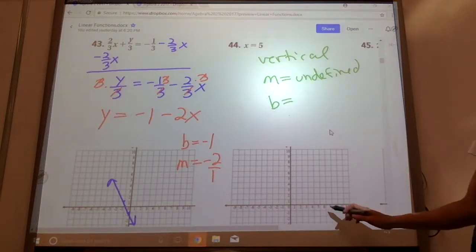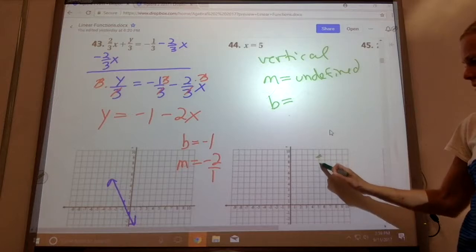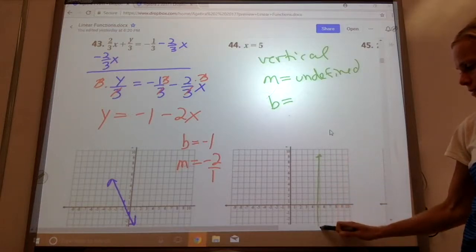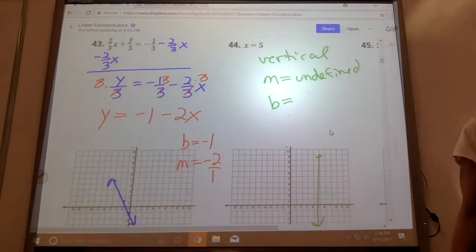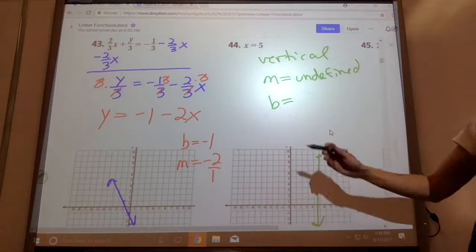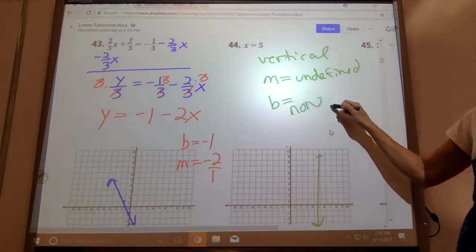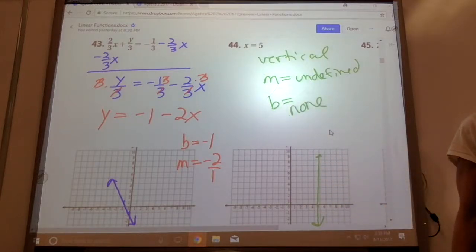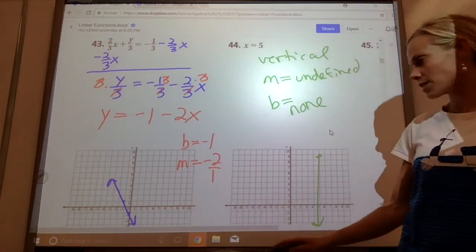If I have a vertical line at 5, what's going to be my y-intercept? Where does it cross the y-axis? It doesn't. So what's my y-intercept? You don't have one. And that'll happen on those vertical lines. You're not going to have a y-intercept. You just have a vertical line.